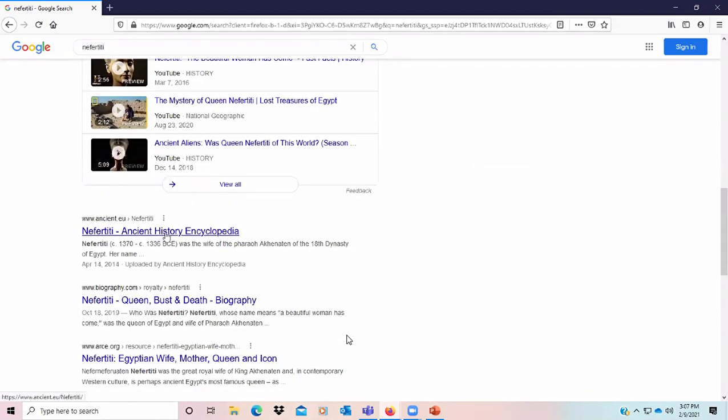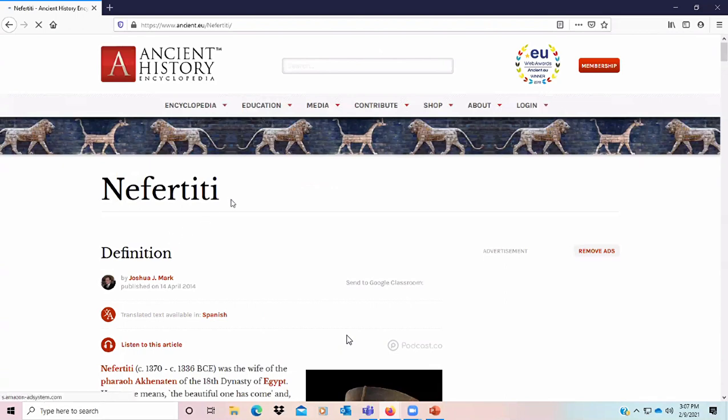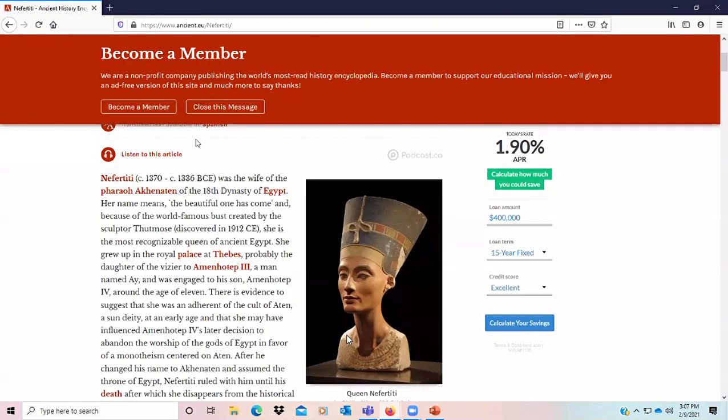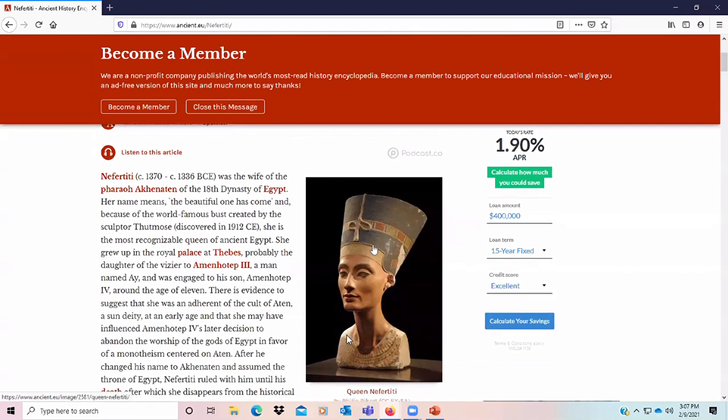Again, you go back to ancient EU, and this is Nefertiti. She was the wife of Pharaoh Akhenaten. And when her husband died, she took over.